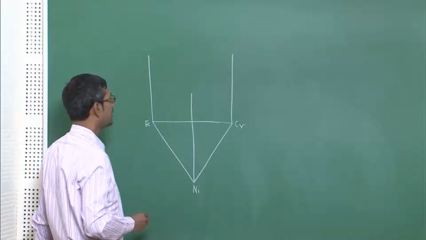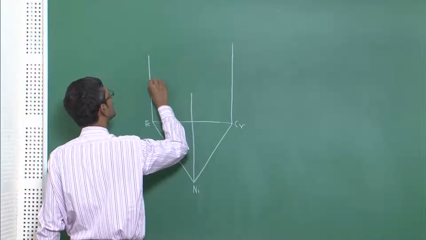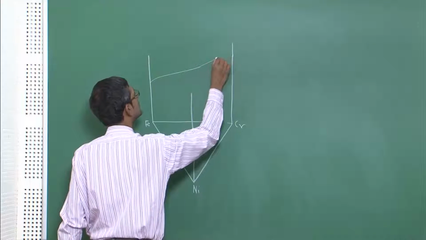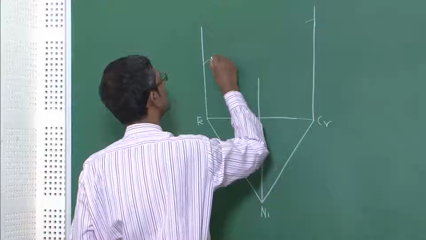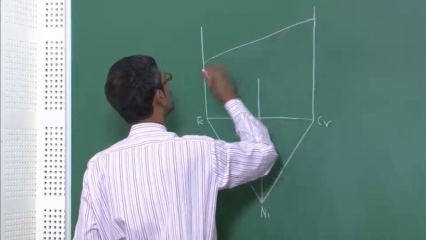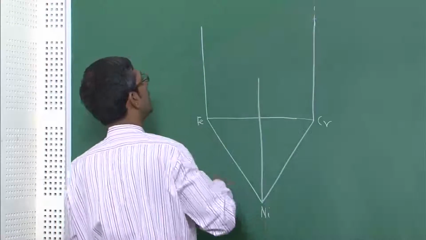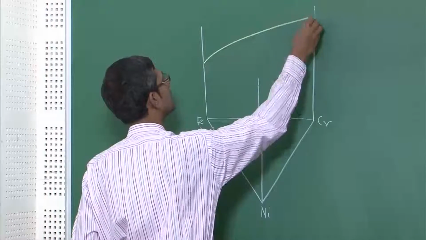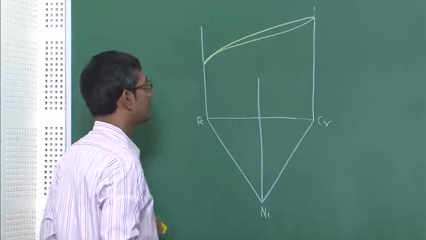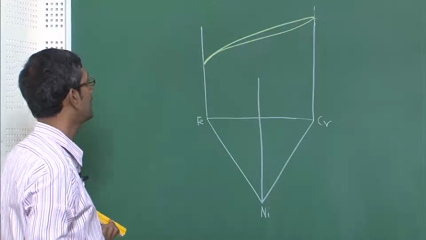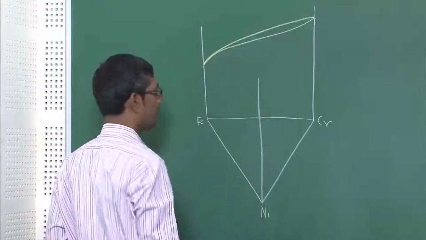You know that between iron and chromium there is an isomorphous phase diagram. Chromium melts at a higher melting temperature. I should draw it with a color chalk, otherwise things will not be clear. So that is between iron and chromium; at lower temperature it forms a loop, but I am not drawing it here.